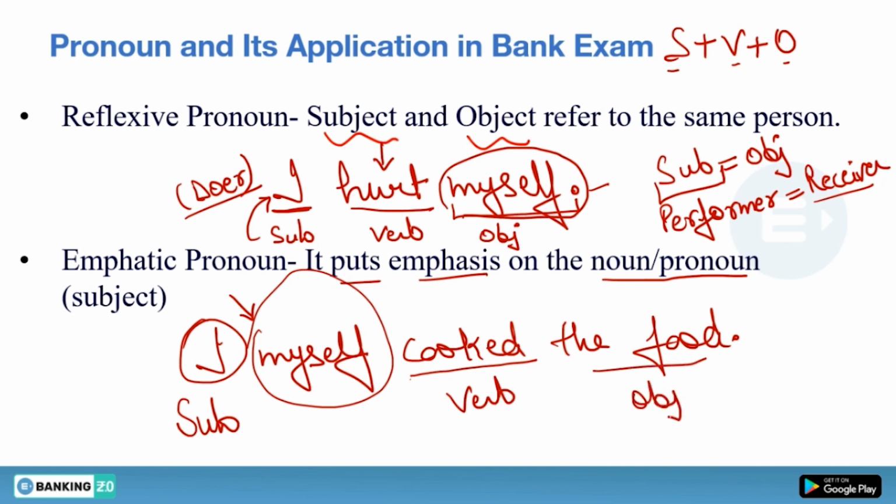This is object. All right, so if you say this is the pronoun, that is fine. This is the emphatic pronoun, that is fine. But what is the function of this myself? It is performing the action of an adjective.